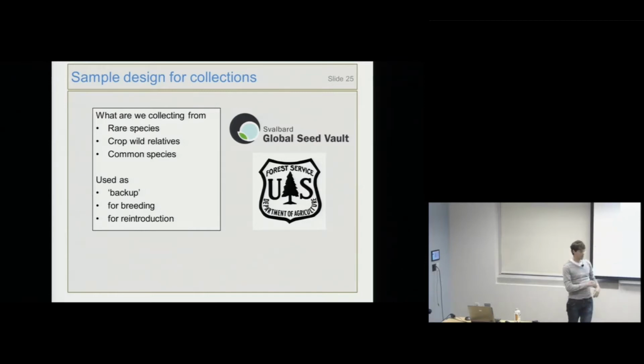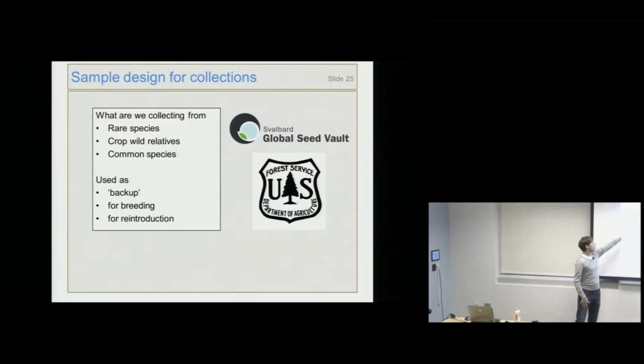We might be collecting seeds for a couple of different reasons. We might be interested in making a collection similar to these seed banks where we're looking to improve crop varieties. But nowadays there are also other functions of a seed bank, which might be collecting from a rare species as a sort of backup in case the natural populations go extinct.